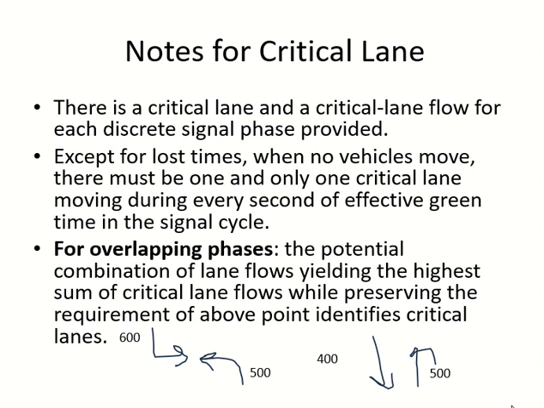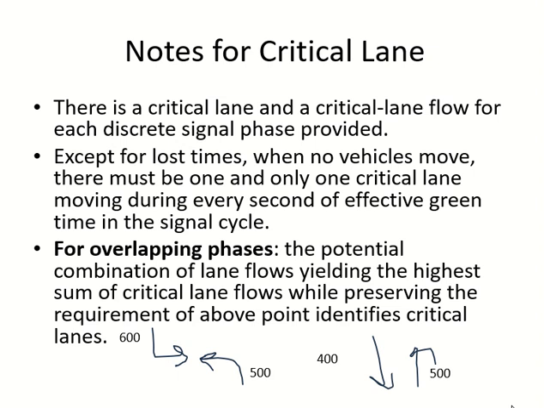If they go together, the total volume which will go together is 4 plus 5, 900, right? If I allow this one and this one together, this critical lane has 500, this critical lane has 600. Total is 1100. So which overlapping is more beneficial? The one which is allowing more volume to go together. This is how you can decide for the overlapping.